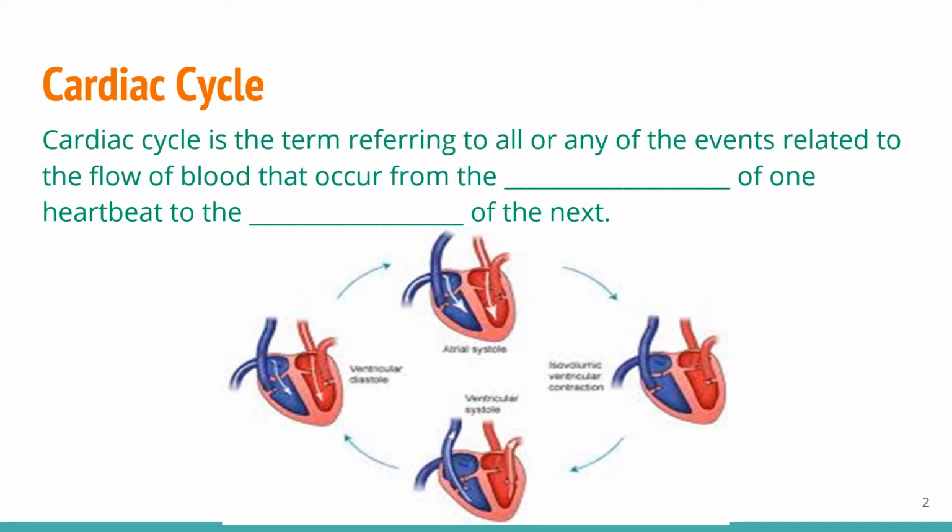Okay, so what's being shown there is atrial systole. So the top one, at 12 o'clock basically, you're looking at atrial systole. Remember that systole again means contraction. So that's where the atria, plural, are actually contracting and pushing the blood into the ventricles.